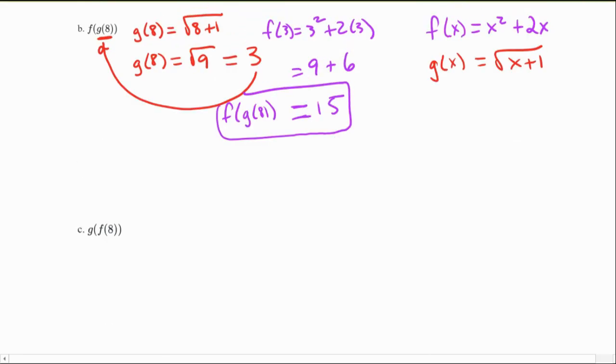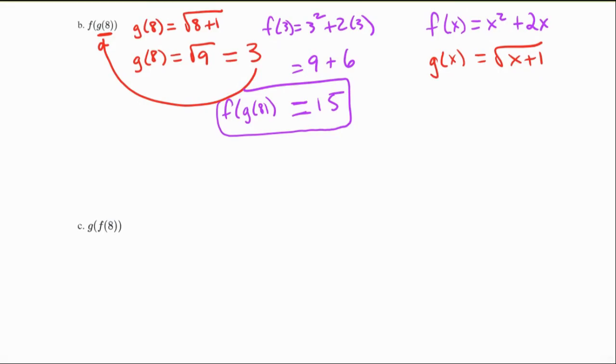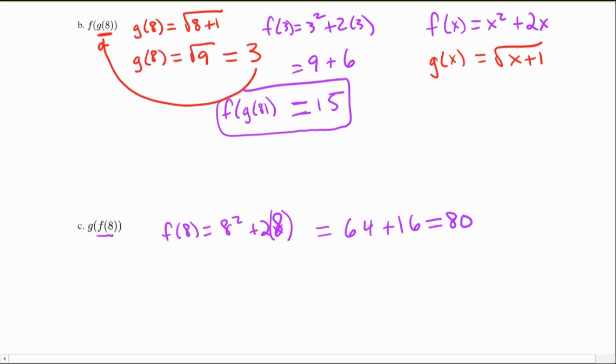Next one here, let's see if I can keep this f of x and stuff inside here. So I got this one here, g of f of 8, where f of 8 is on the inside. So I'm going to, again, work inside out, deal with f of 8 first. So I got 8 squared plus 2 times 8. Sorry, that's my bad. And so that gives us 64 plus 16, which gives me 80.